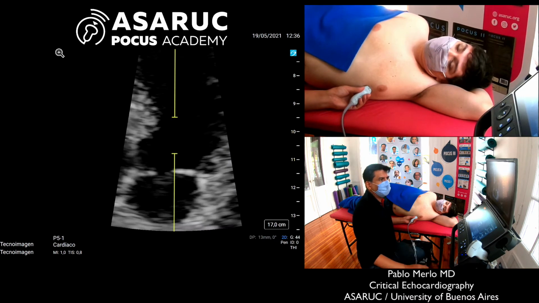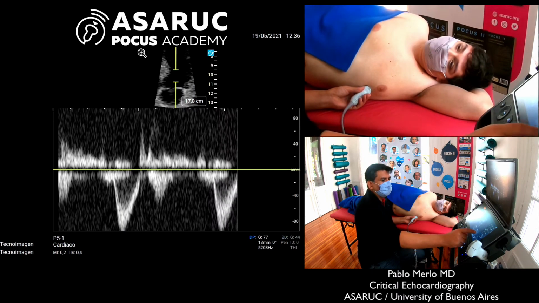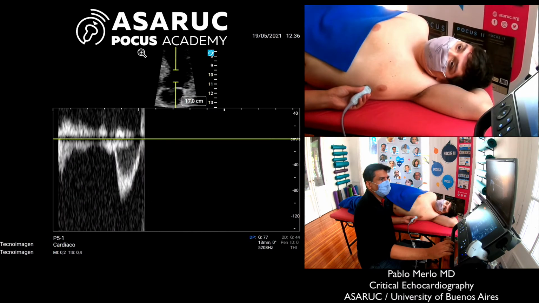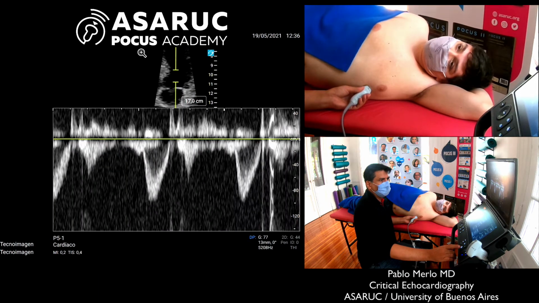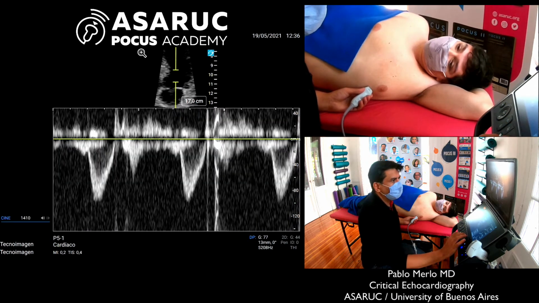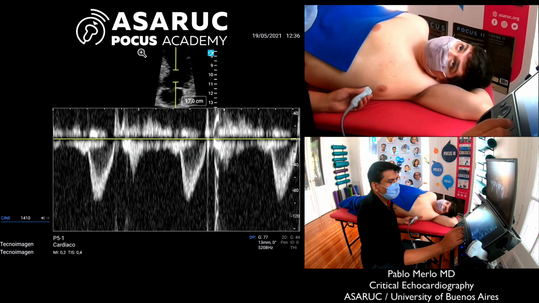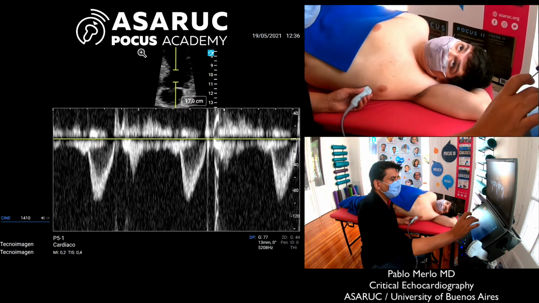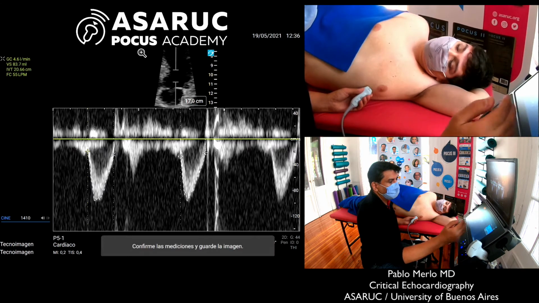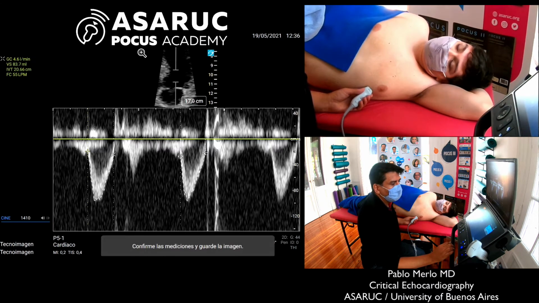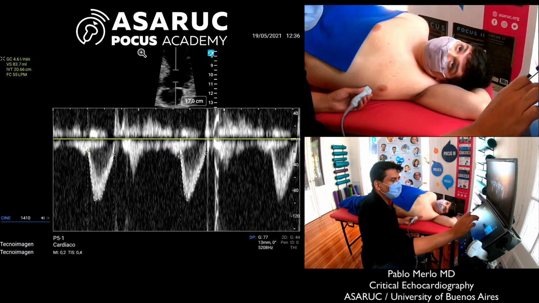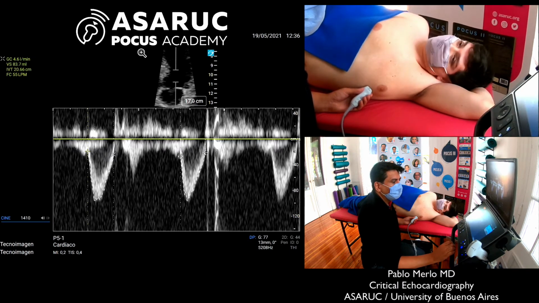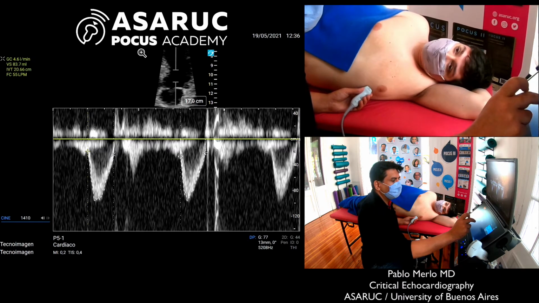By using pulsed wave Doppler above the aortic valve plane, we can get the velocity time integral, or VTI, of the left ventricular outflow tract, which, together with the left ventricular outflow tract diameter measurement that we did before with the parasternal view, will enable us to obtain stroke volume and cardiac output.